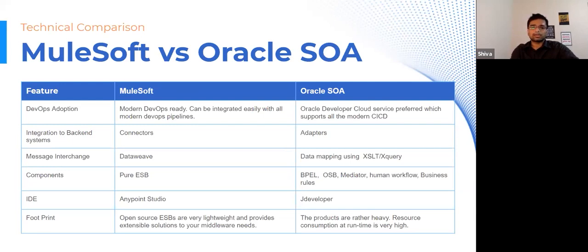Then footprint: MuleSoft is an open source, lightweight ESB. Oracle SOA had a few components which were resource heavy and consumed more resources, as far as the Oracle SOA and MuleSoft comparison is concerned. I guess I covered pretty much the comparison. Varsha, can we move to the next slide, please?